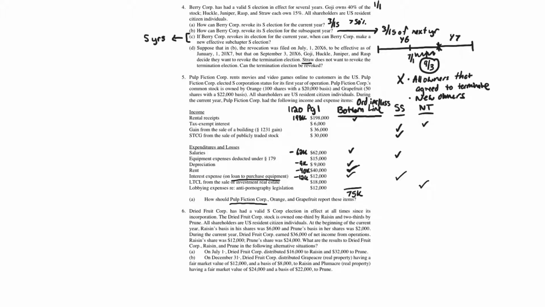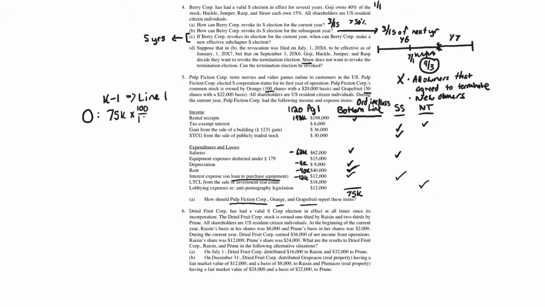But what about the respective owners, Orange and Grapefruit? For Orange, the bottom line is going to go on their K-1. Line 1 is going to be the bottom line, ordinary income. For Orange, we're going to take the $75,000 reported by the entity and multiply that by the 100 shares owned by Orange over the total, which is 150.